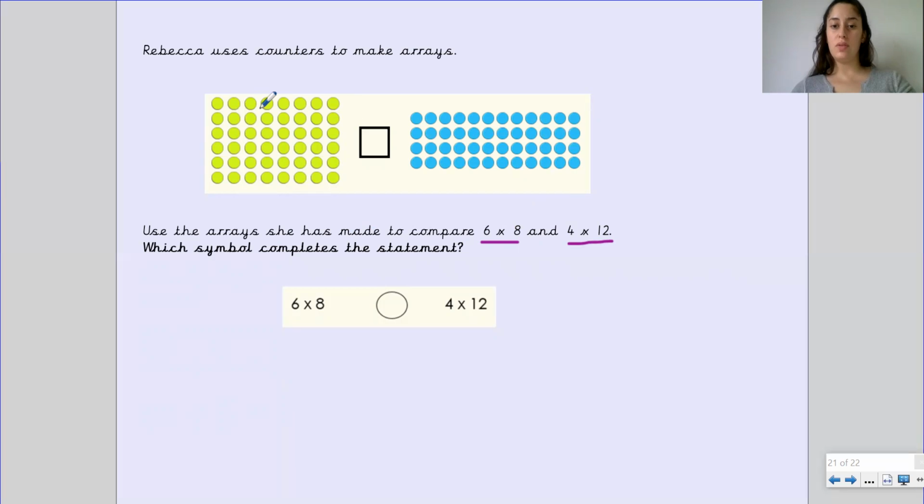If you want to draw pictorial representations and draw your equal groups, that's absolutely fine as well. So I know 6 times 8 is 48. So I'm just going to make a note of the answer. Actually, I could write it in front of it. It would be neater.